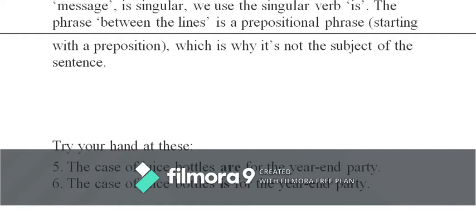As we have understood, the subject will agree with the verb. So the case are is incorrect; the case is for the year-end party. So I understand that sentence number 5 seems incorrect and sentence number 6 seems correct. Now let me check whether I am right or wrong.